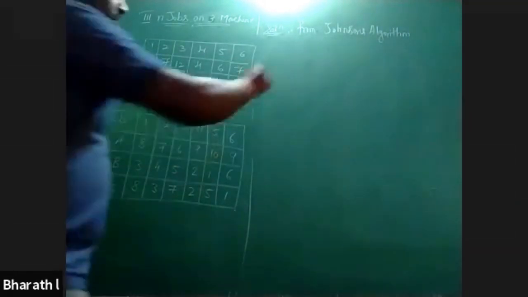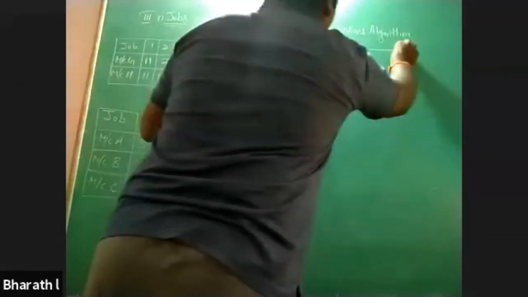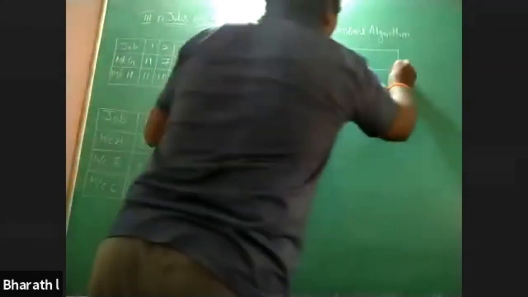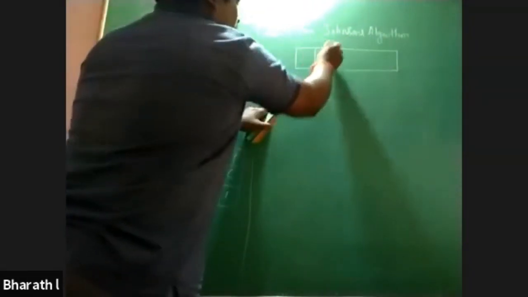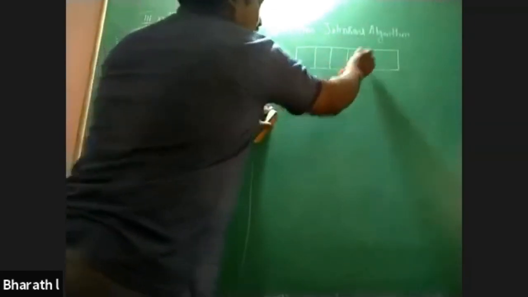From the Johnson algorithm, since there are 6 jobs, we'll construct 6 boxes first: 1, 2, 3, 4, 5, 6.